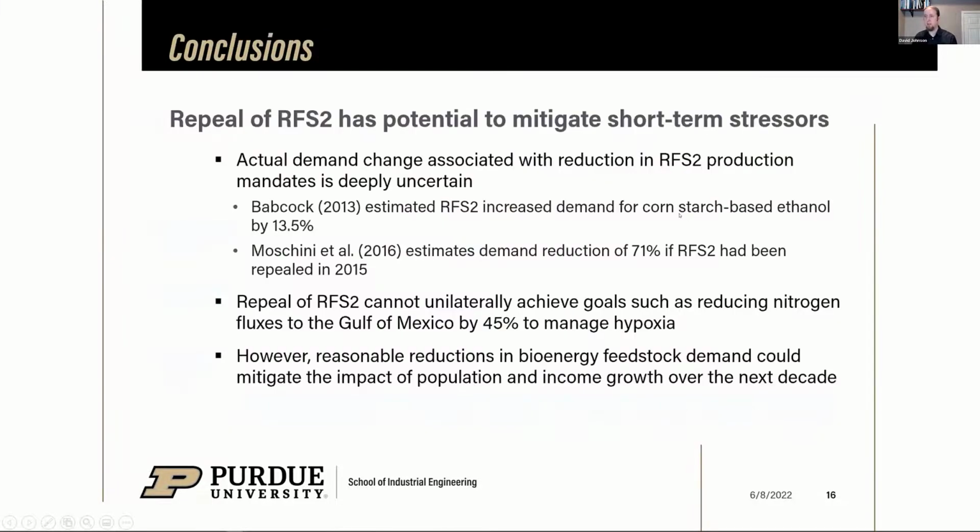And so we can see that this is not going to be a solution on its own, at least to managing the hypoxia target from the hypoxia task force, which is looking to try and reduce nitrogen fluxes to the Gulf by about 45%. However, there are still, of course, other benefits potentially to doing this.